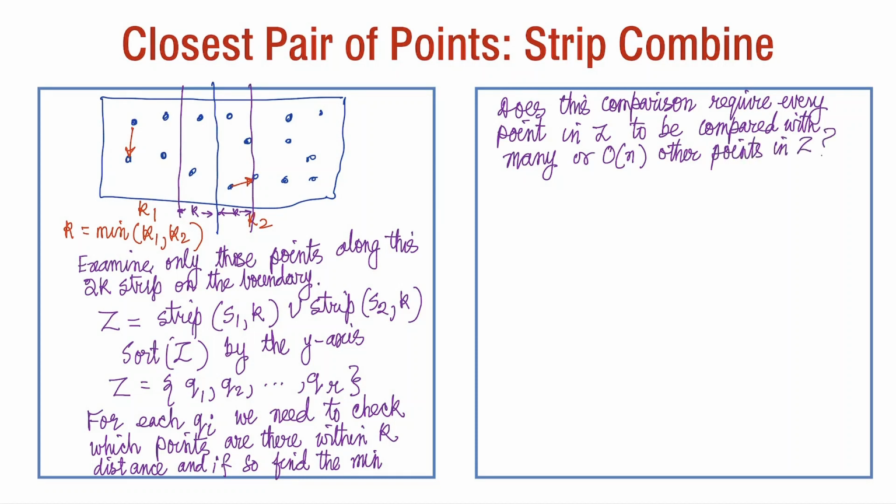This is my question. Do we now need to get an order n squared complexity there?